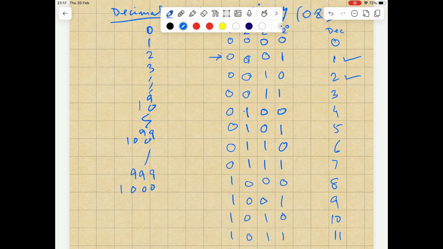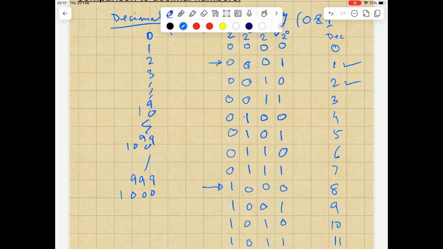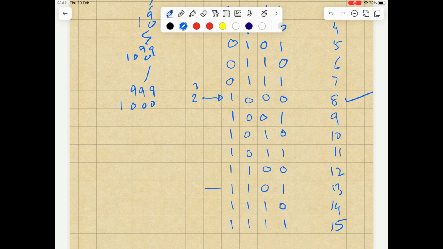If we look at the 8, it's the fourth column, which is 2 to the power 3. So 2 to the power 3 will be 8. So that's that. And similarly, if we look at 13, we have 2 to the power 3, 2 to the power 2, and 2 to the power 0.